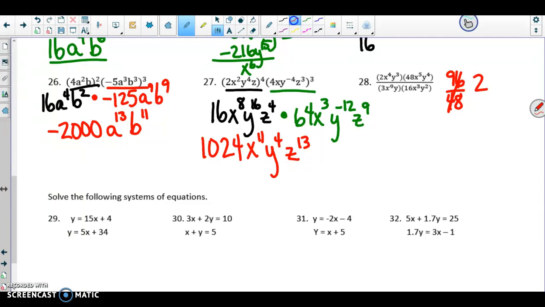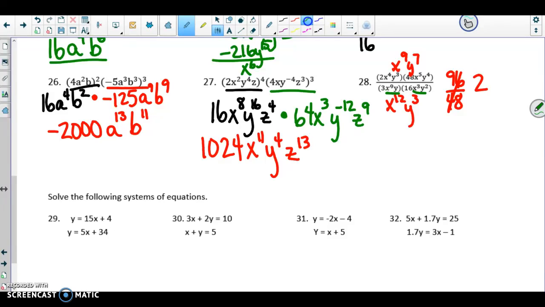So if I look at my x's, if I combine what's here, I've got x to the 9th and y to the 7th on top. And here I would have x to the 12th, y to the 3rd on the bottom. All I did was put together these and the top ones there.